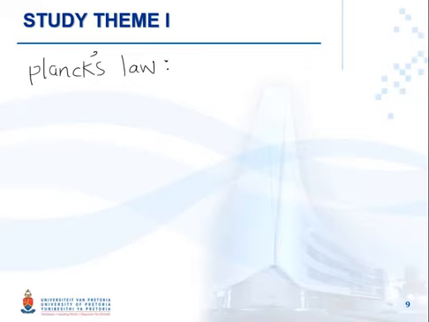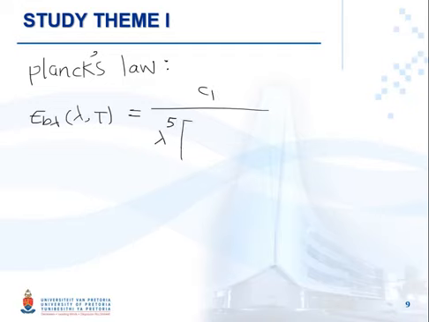Okay, Planck's law is saying that E_b lambda of lambda and T will be equal to constant C1 divided by lambda to the power of 5 times e to the power of C2 over lambda T, minus 1. Okay, so C1 and C2 are both constants, and you can find their value in your textbook.